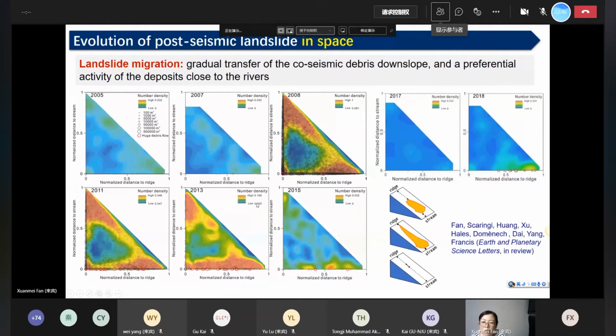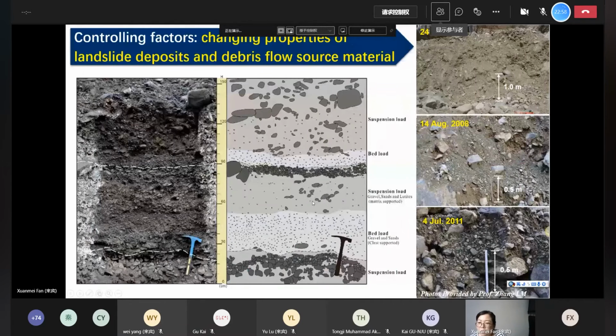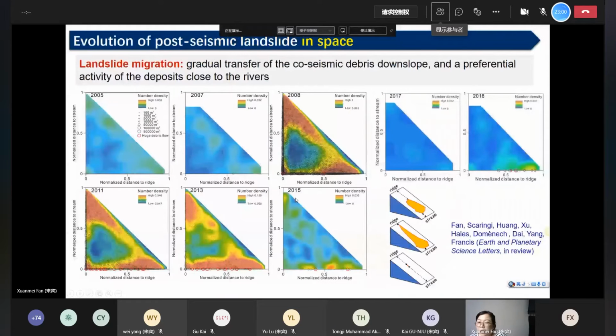And we are also trying to track how they change on the slope, that means how the material is moving gradually from the slope to the channel. So we found these are the co-seismic landslides, and they are mostly concentrated at the upper part of the slope due to seismic amplification effect, all to the channel.